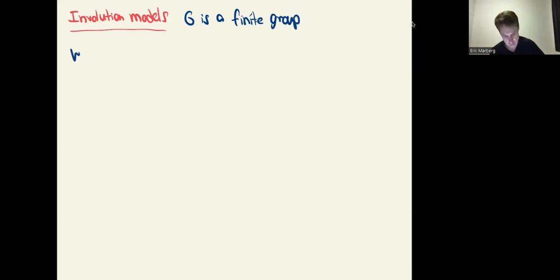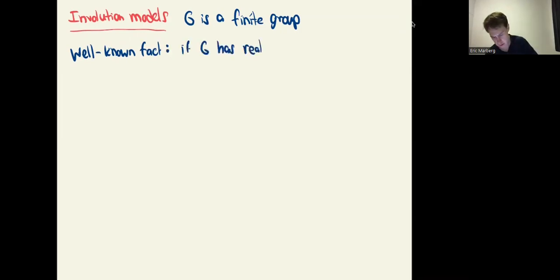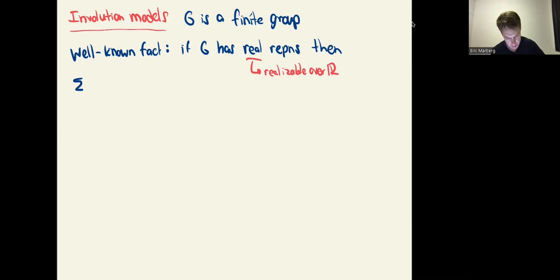And then we have this well-known fact that if G has all real representations, where by real, I mean realizable over the real numbers, then we can say that the sum of the degrees of the distinct irreducible representations of G is equal to the number of involutions in your group.